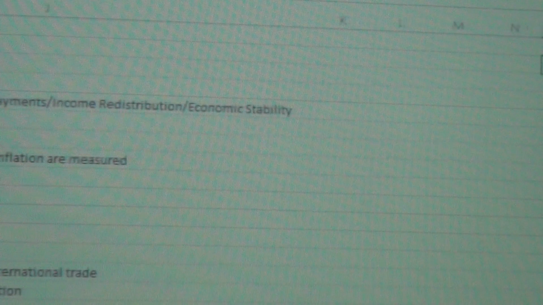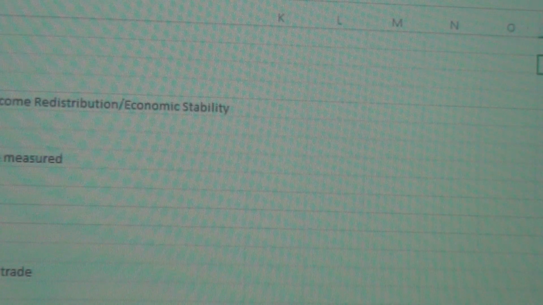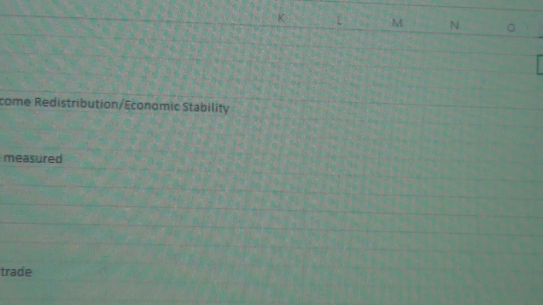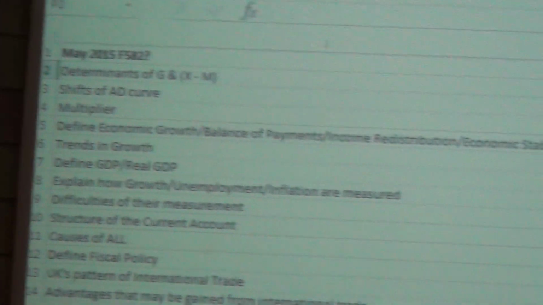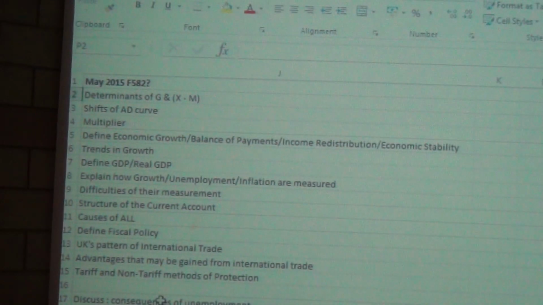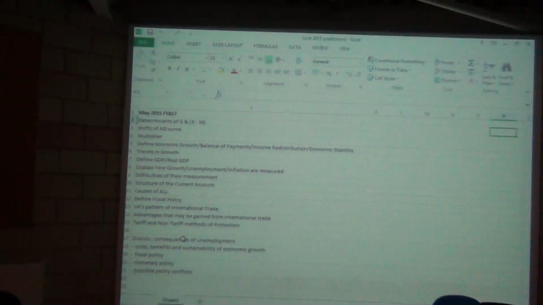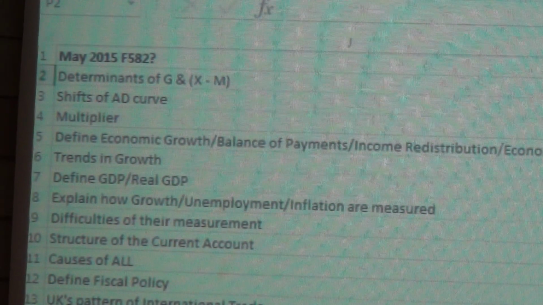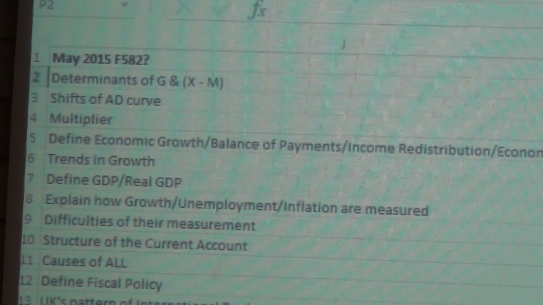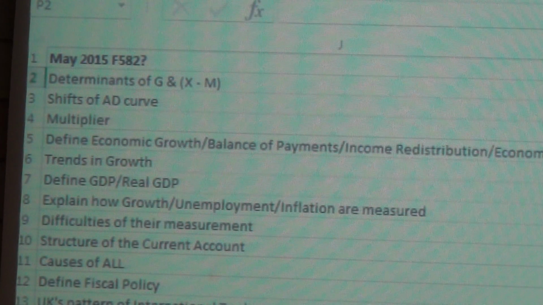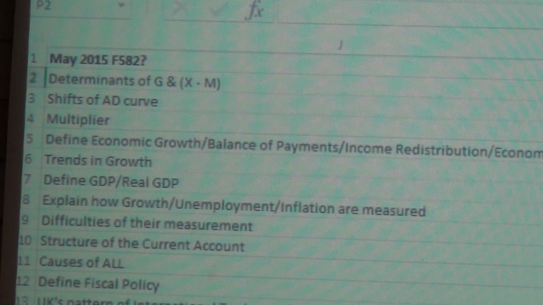Let me just once again double check that you can see that. Okay, so let's take each of these in turn.